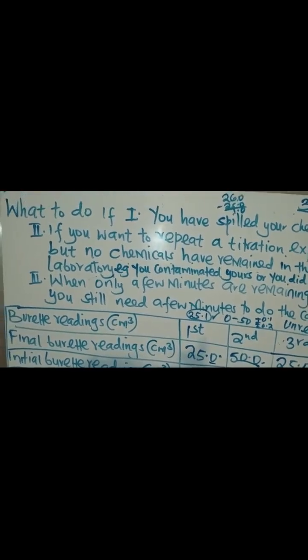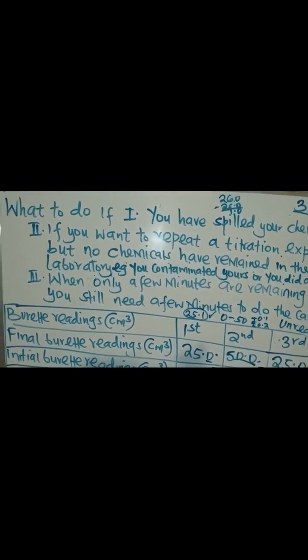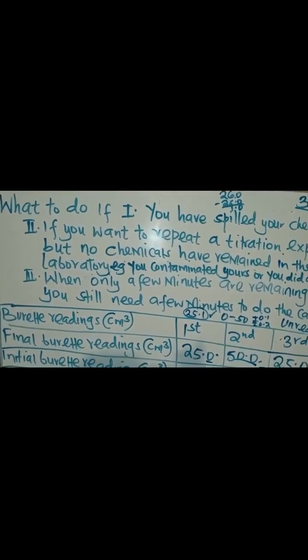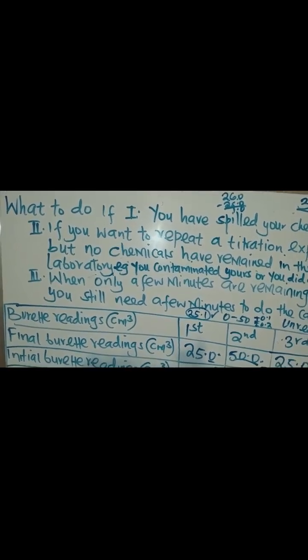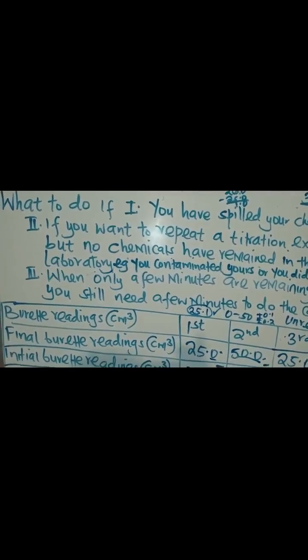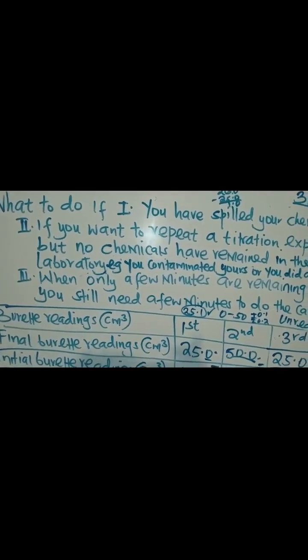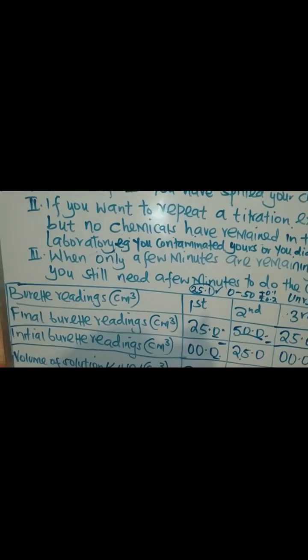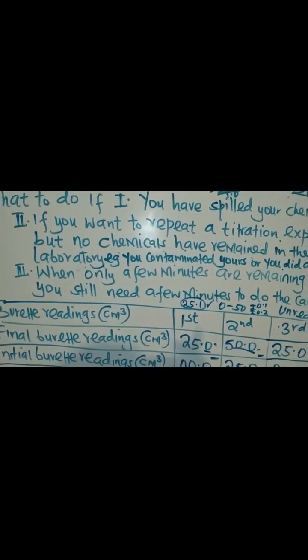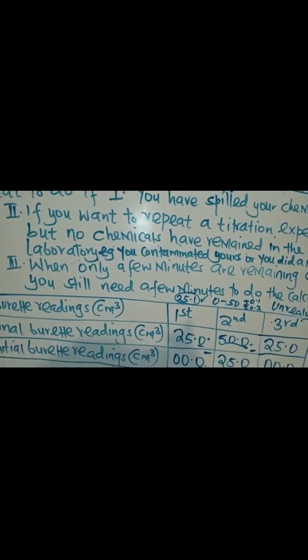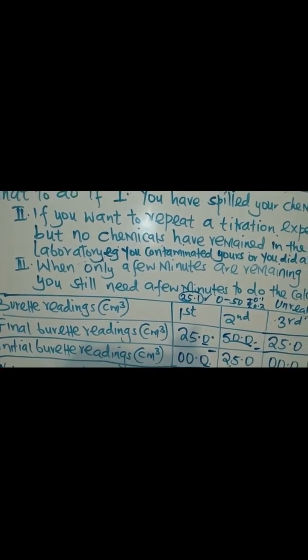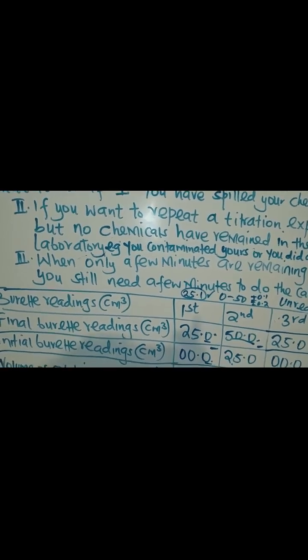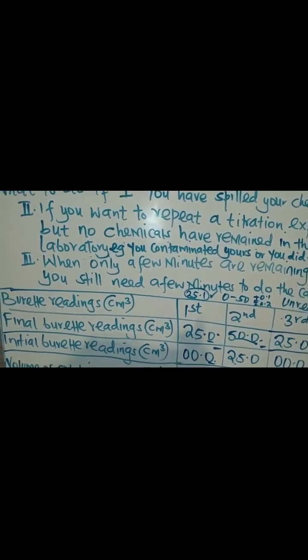If you come out of the exam room, the experiment room, the practical room, and you go telling people, oh, I spilled my chemical, so I was not able to fill the table, or I contaminated my chemicals and I asked for more, no one was there to give me more to complete the titration.